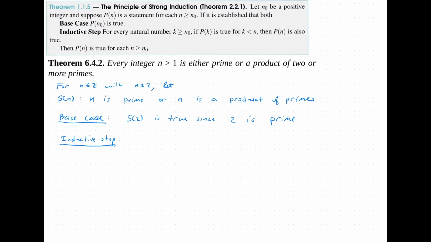So let n be greater than or equal to 2, and suppose that S of k is true for all k less than n. And so now what we want to show is the consequent of the conditional. We want to show that S of n is also true.